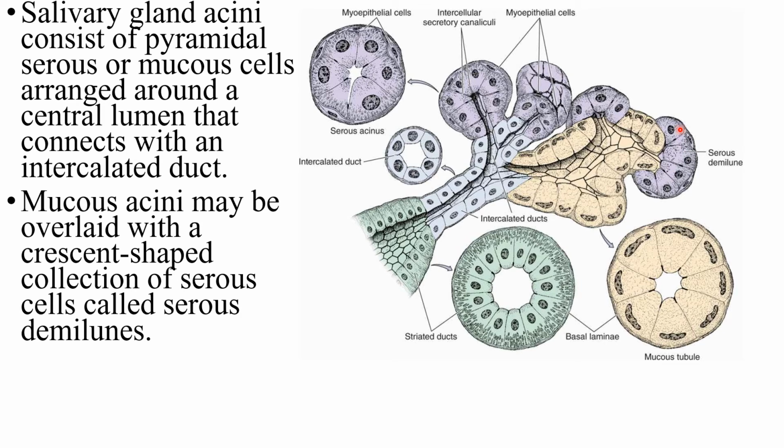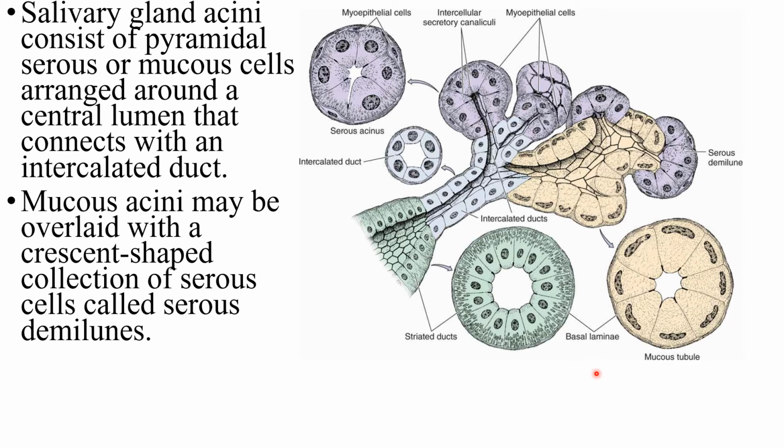Both of them are made up of a central lumen surrounded by pyramidal cells. But the speciality here is that the mucous acini are sometimes overlaid. That means over the mucous acinus there will be some cells of serous acinus, and these crescent shaped structures are called serous demilunes.